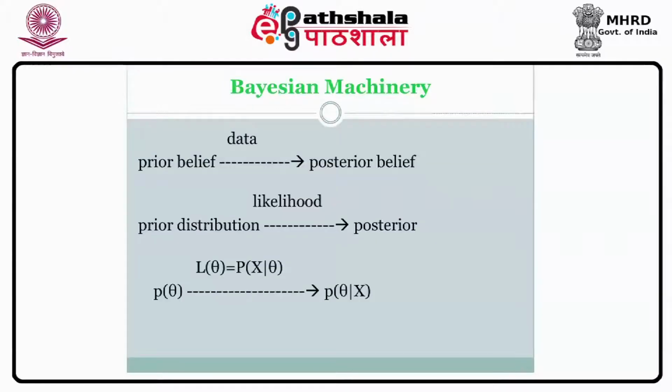So what is the Bayesian machinery? You start with a prior belief on the state of nature or state of uncertainty, which is theta, and you use your data set, combine these two, and then draw your posterior belief.